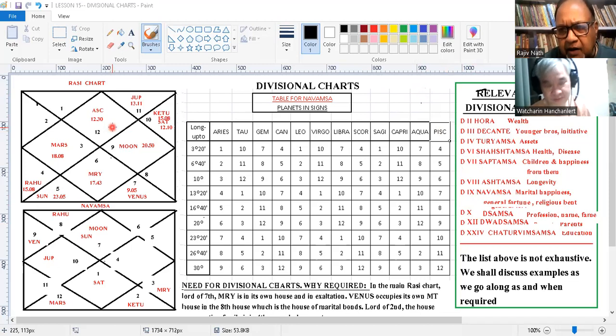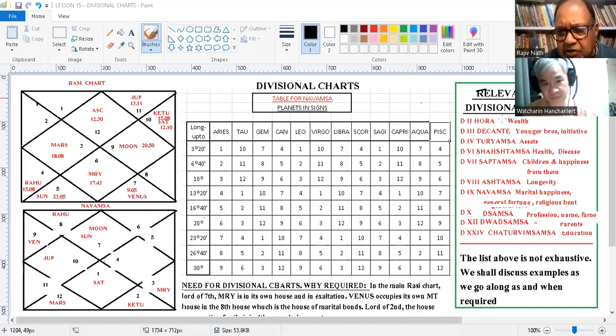Anytime we say D1, it is the main chart that we study. Then there are various charts from D1 to D60, but all of them are not very important. I'll explain the relevance as we go along.